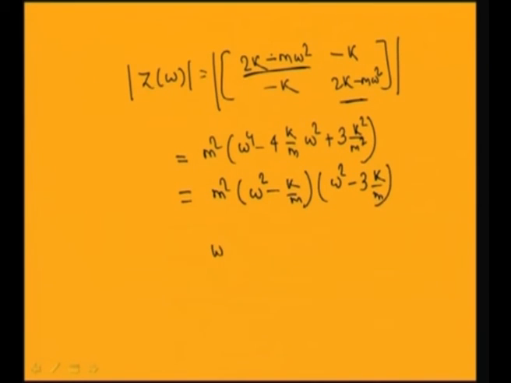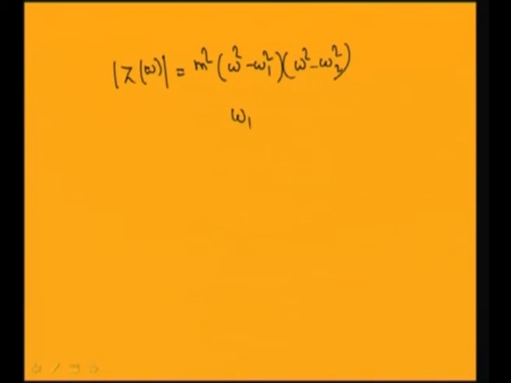Let me write omega 1 square equal to k by m and omega 2 square equal to 3k by m. So the determinant of Z omega becomes m square into omega square minus omega 1 square, into omega square minus omega 2 square.